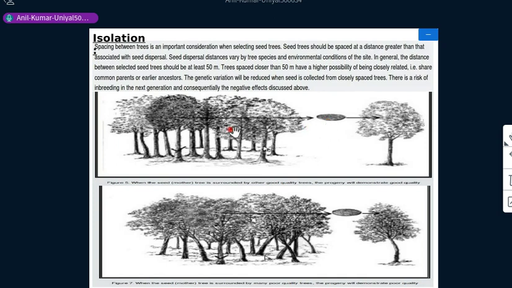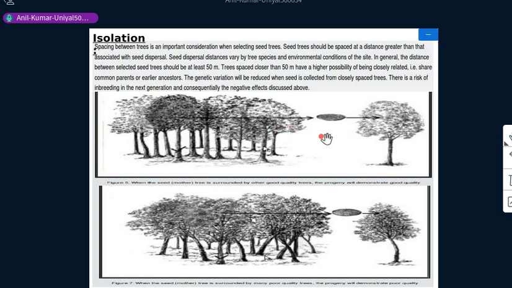But it is assumed that the trees we intend to select will definitely have inbreeding with all these. Inbreeding is just a phenomenon of selfing, but here the cross pollination of adjacent less important or poor phenotypes may also be there.